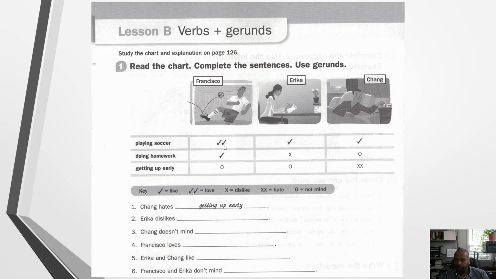All right, page 8, lesson B, verbs plus gerunds. Study the chart and explanation on page 126.